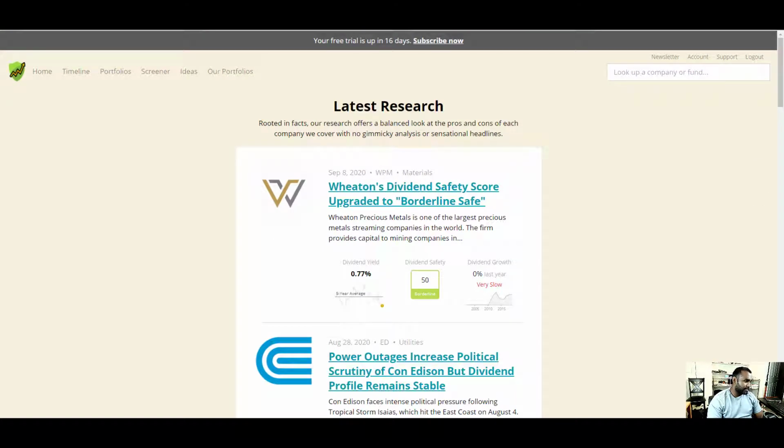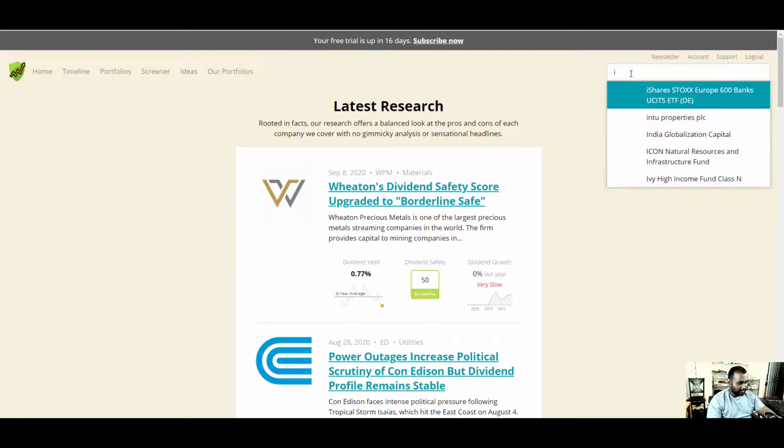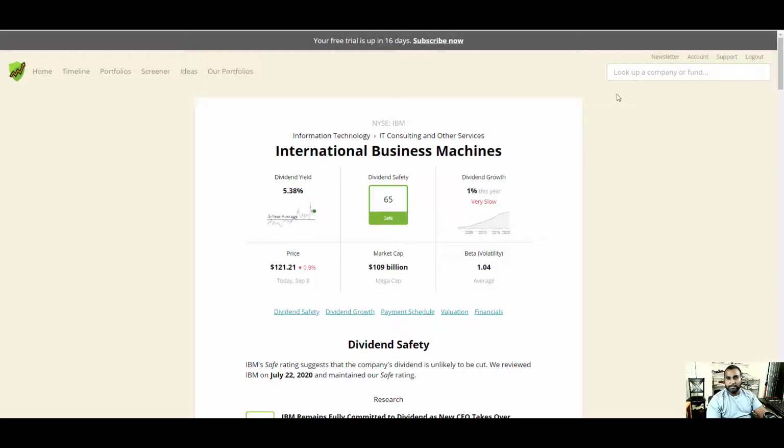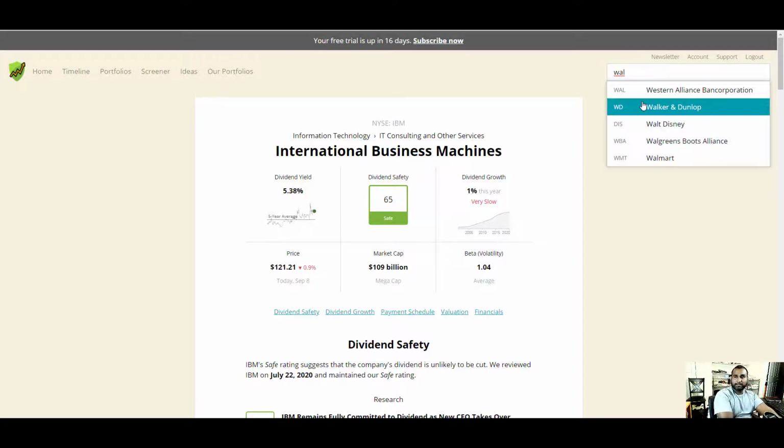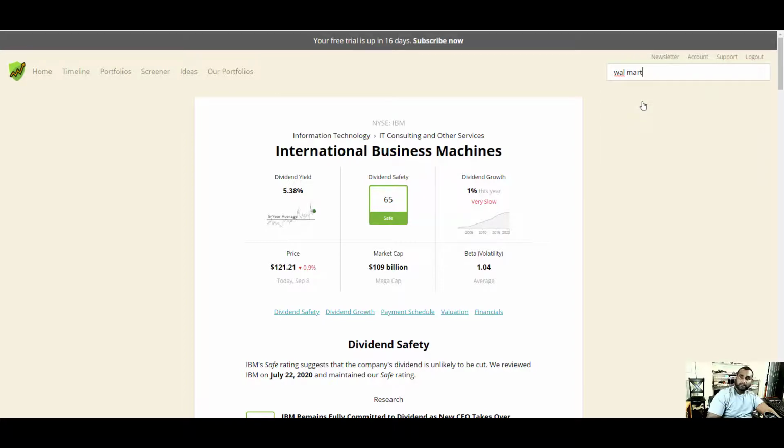Let's look at another one. Let's look at IBM. It's an interesting company. I always like them. They have a dividend safety of 65. Let's look at Walmart. What do you think of Walmart? Do we not have Walmart?